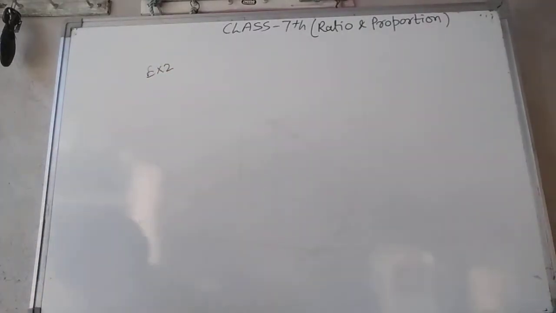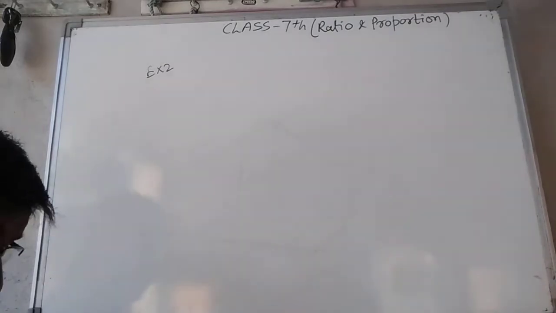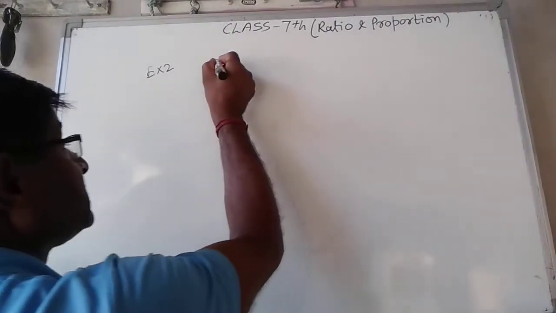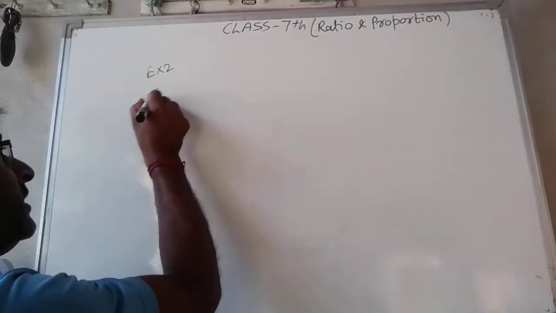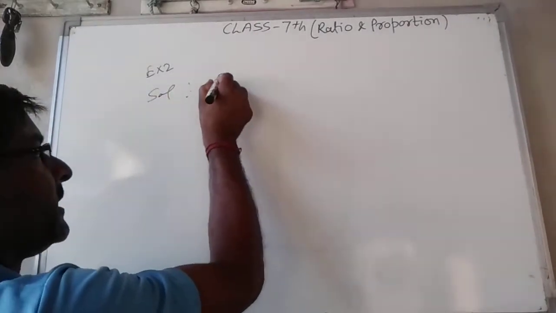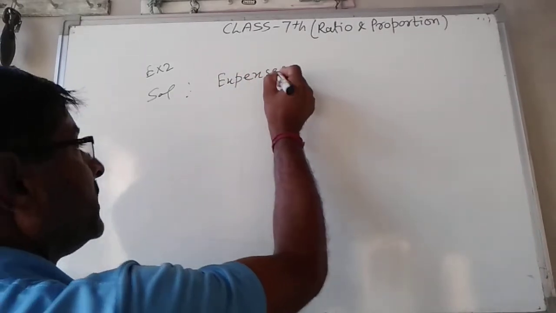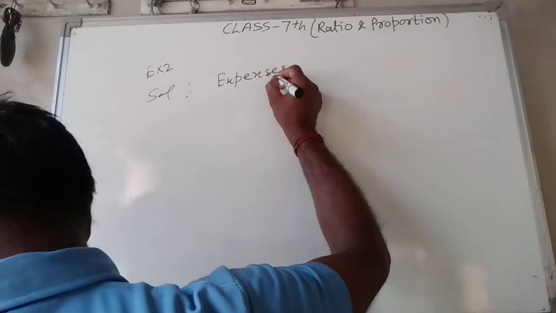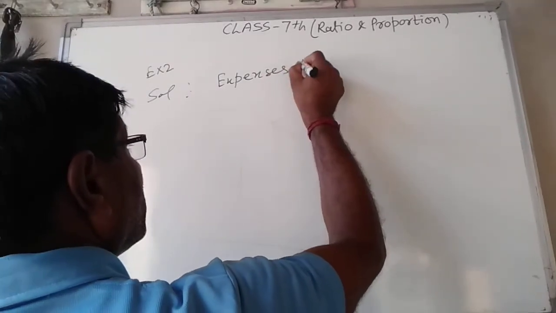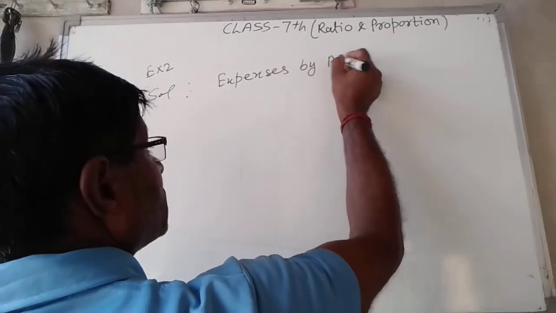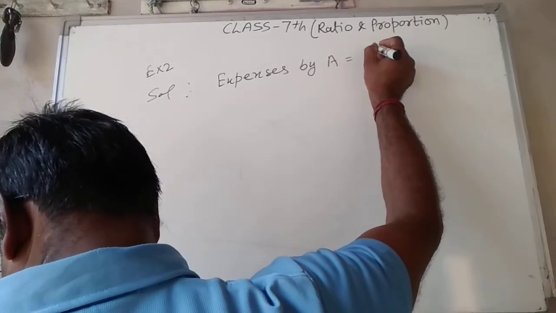Next question, this is example 2. Daily pocket expenses of A and B. हम सॉल्यूशन लिखेंगे. Expenses by A is equal to ₹60.